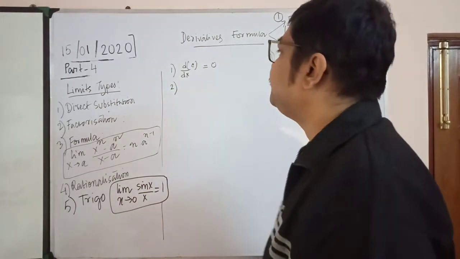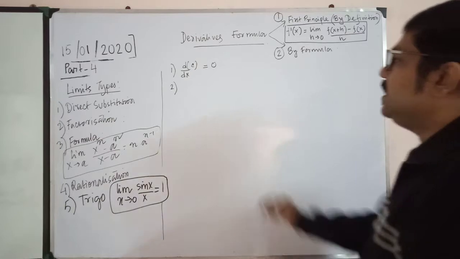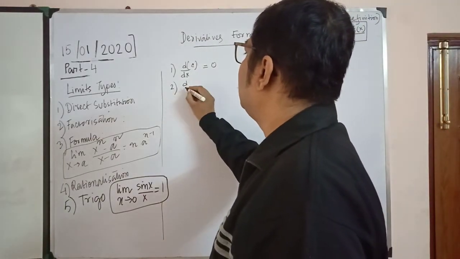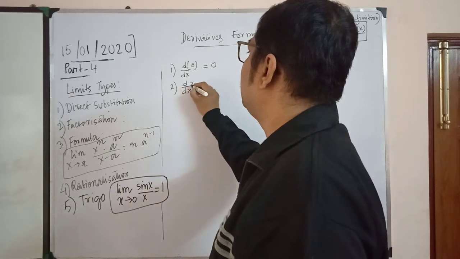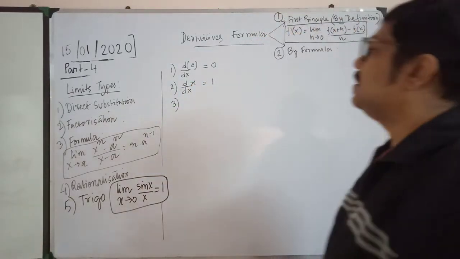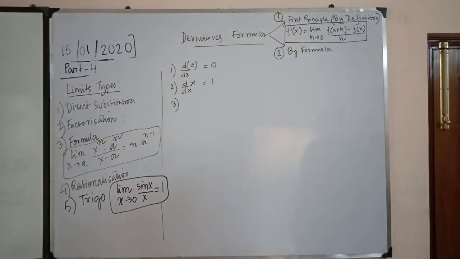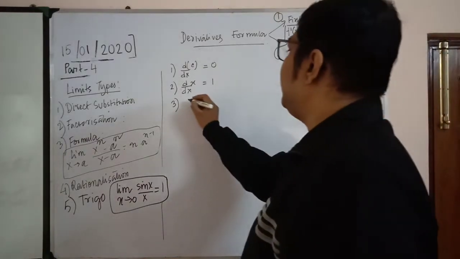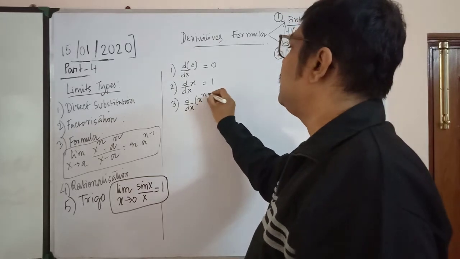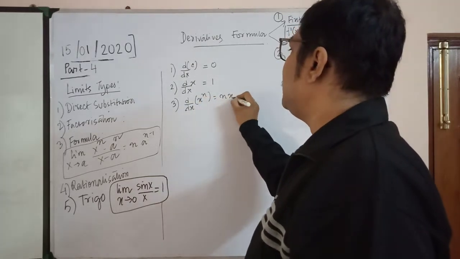Now second is d/dx of x, that is 1. See, the rate of the numerator and the denominator are the same, so it's 1. And d/dx of x to the power n is n x to the power n minus 1.